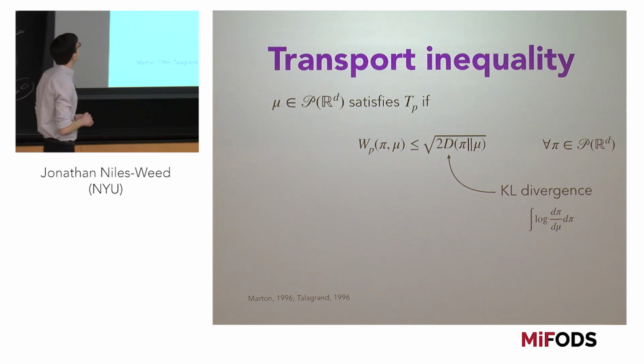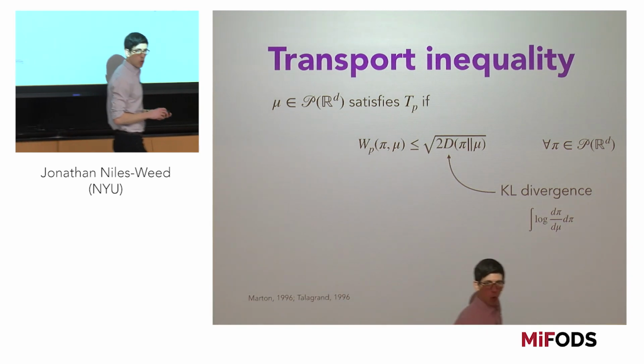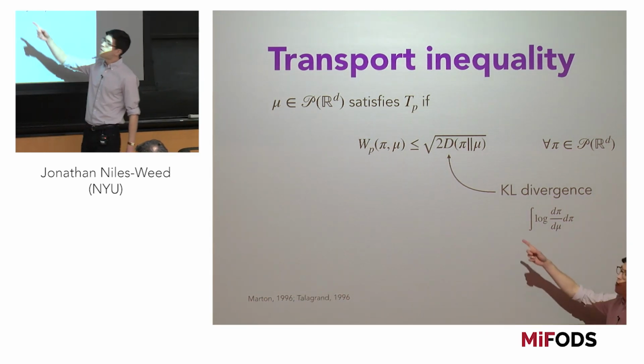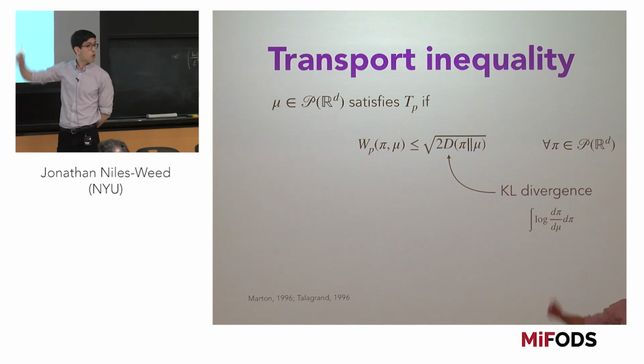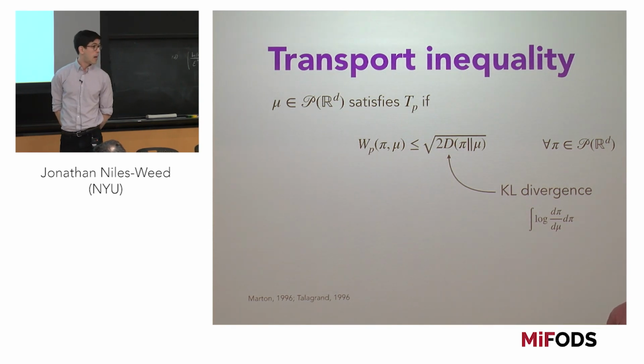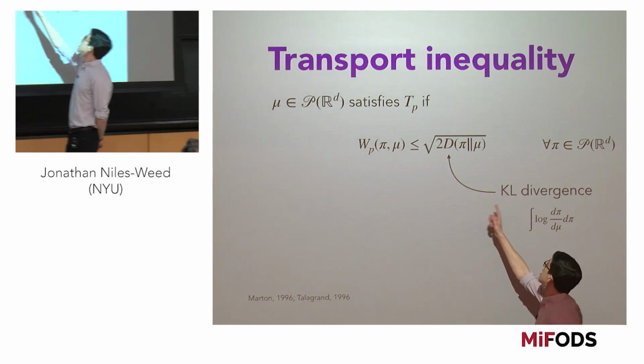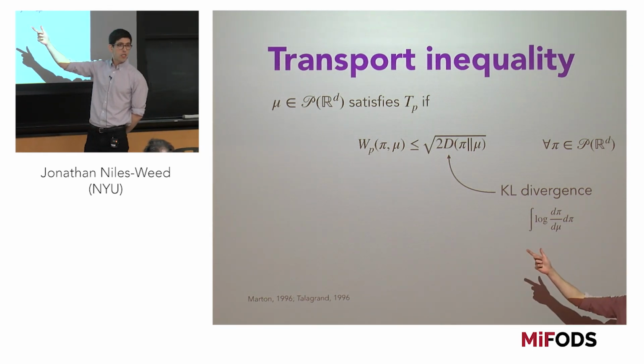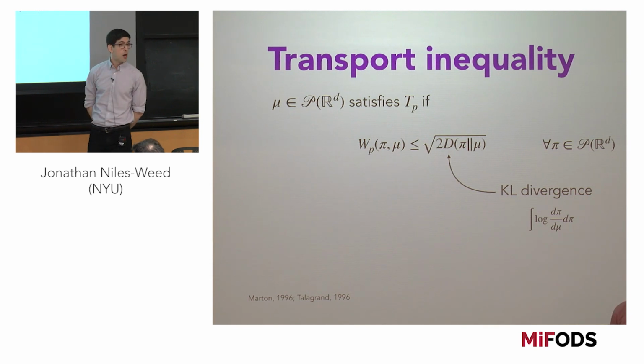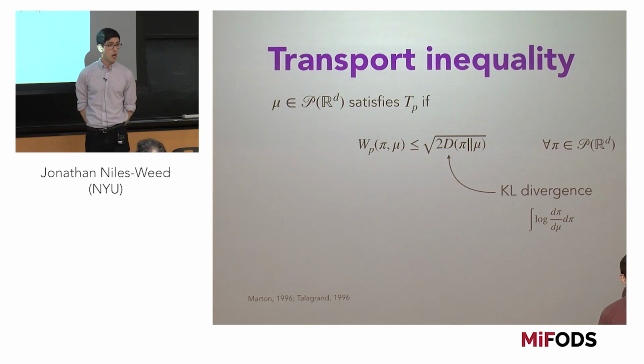So we'll say that mu satisfies the transport inequality Tp if the pth Wasserstein distance can be controlled by the relative entropy, the KL divergence. So I ask here that for any other measure pi, the Wasserstein distance is at most the square root of the KL divergence up to constants.